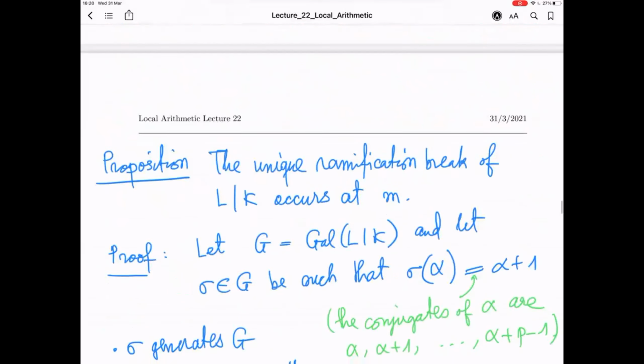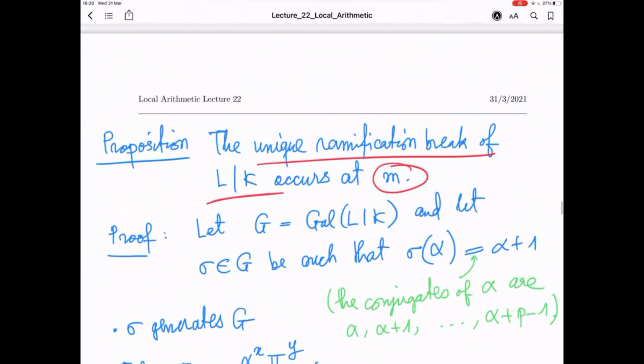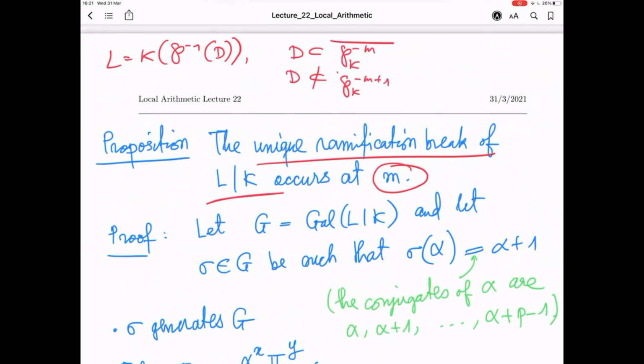Good. Now, finally, we are in a position to compute the ramification break of L over K. It occurs at M. Of course, the notation as before, L is equal to what I like to write as this, and D is contained in PK minus M bar, but not containing PK minus M plus 1 bar.